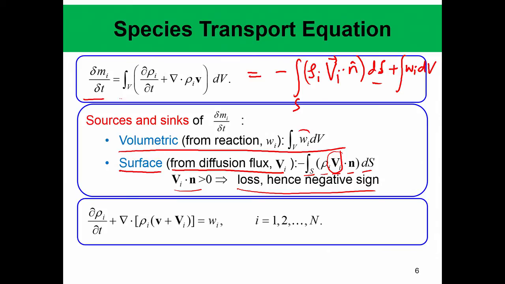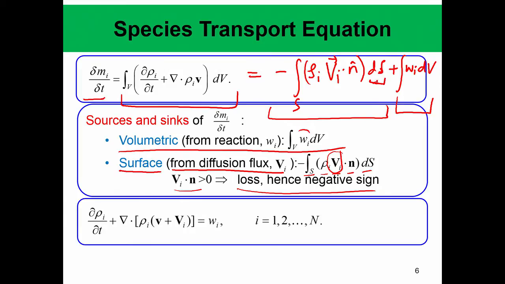What I want to say is that the rate of change of mi inside the control volume is given by two things. Number one, there can be a species flux, the flux of species carried by the molecular diffusion velocity, and also it can change due to the reaction rate happening inside, which is volumetric in nature. These two contributors balance the rate of change of the mass of the species I inside the control volume.